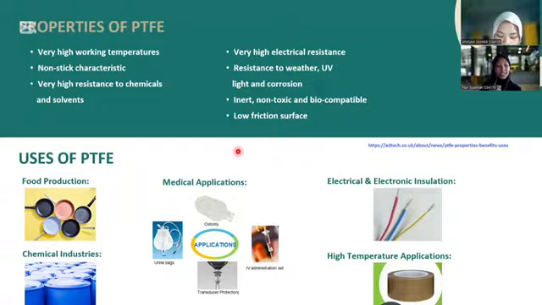It's also used in chemical industry, where this polymer is highly resistant to almost all chemicals. So it is used to line tanks, pipes, and vessels that handle corrosive chemicals like acids and solvents. In chemical industry also, gaskets and seals are one of the products and applications of PTFE.